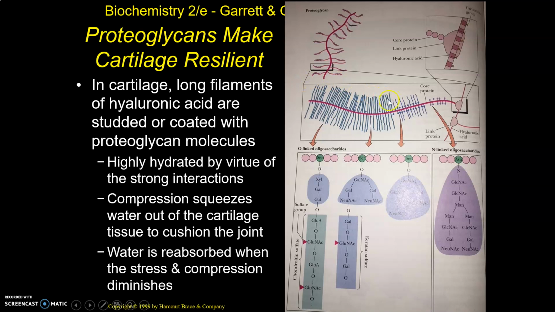And basically what this does is it helps to keep the joints hydrated. So when a joint is not compressed, there's a lot of water and fluid in there, and then when you bend your knee and you compress that joint, the water is able to squish out. Basically, it allows for almost a squishiness effect by this structure.